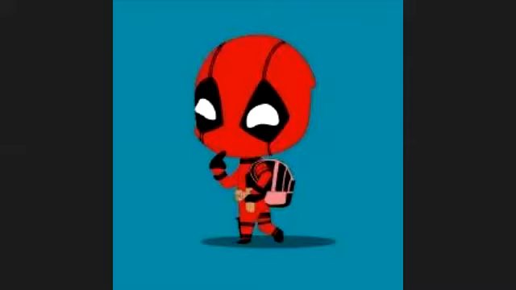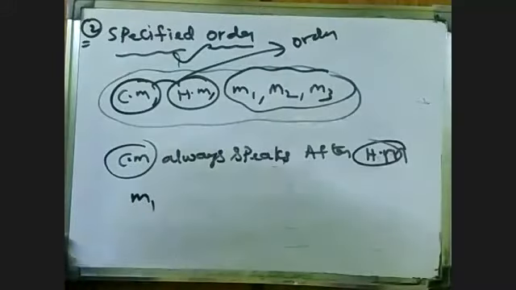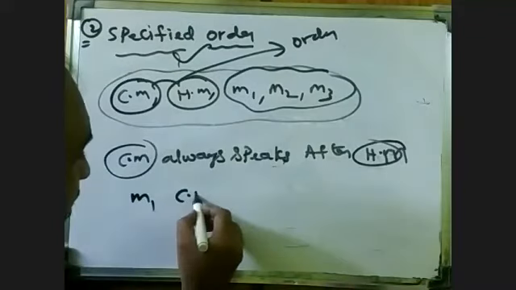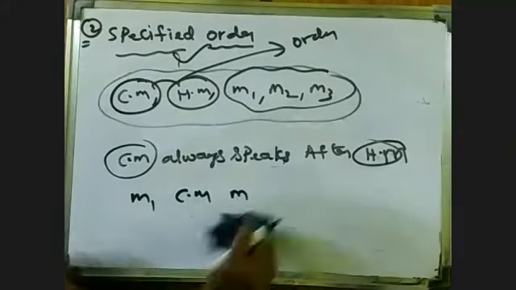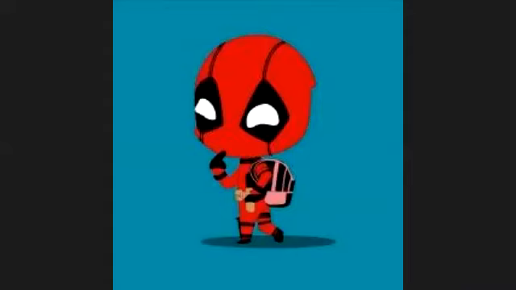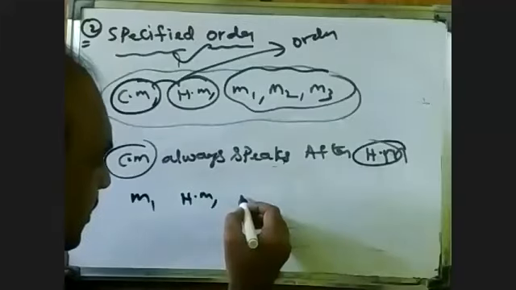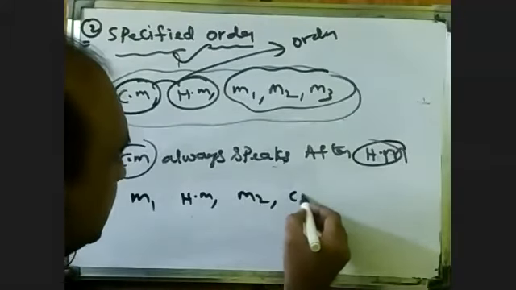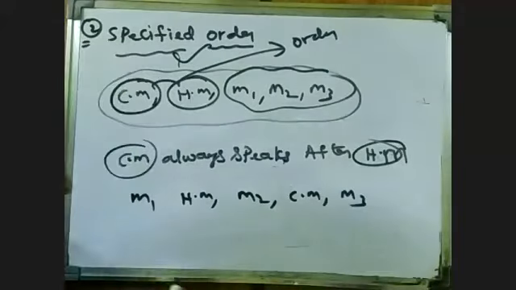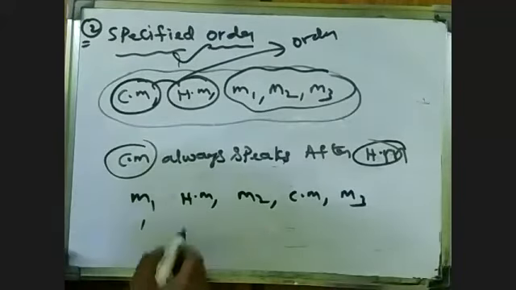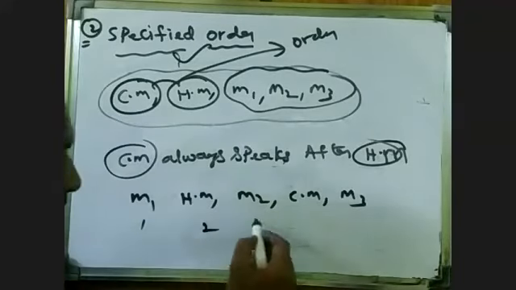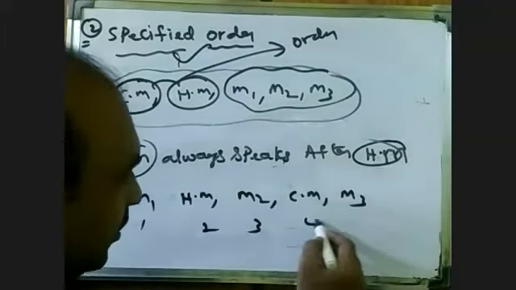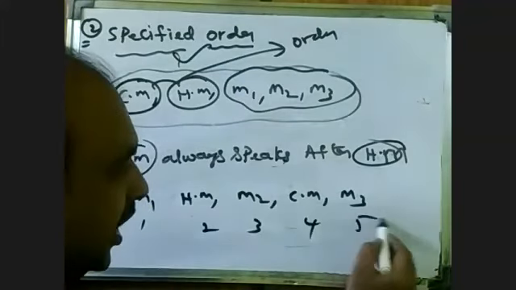Let me explain. In first place is a cabinet minister, second, Home Minister, third, again a cabinet minister, fourth, CM, and fifth also a cabinet minister.